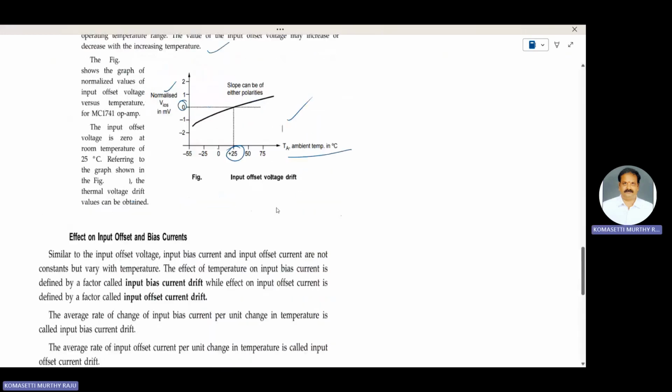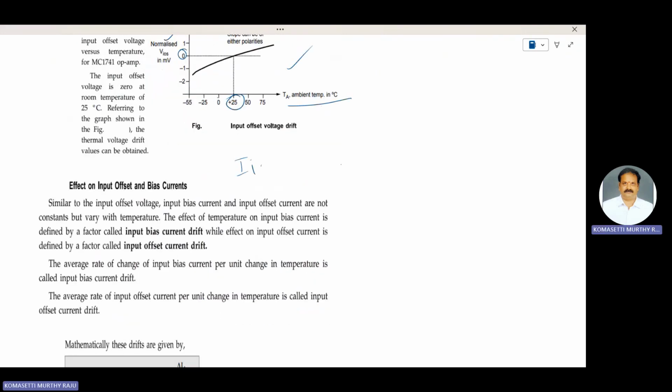Coming to the next one, the effect on IIOS and input bias current IB. Similar to the input offset voltage, input bias current and input offset current are not constant but vary with temperature. The effect of temperature on input bias current IB is defined by a factor called input bias current drift, while the effect on input offset current IIOS is defined by a factor called input offset current drift.